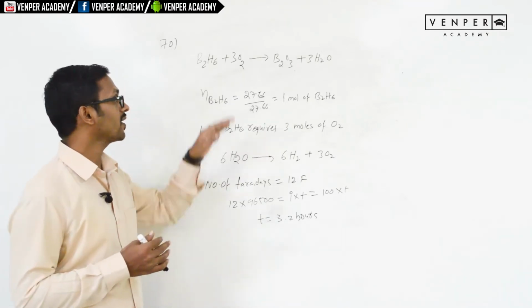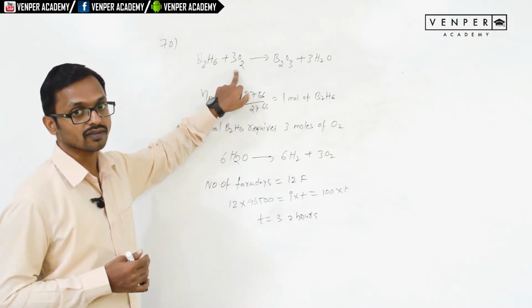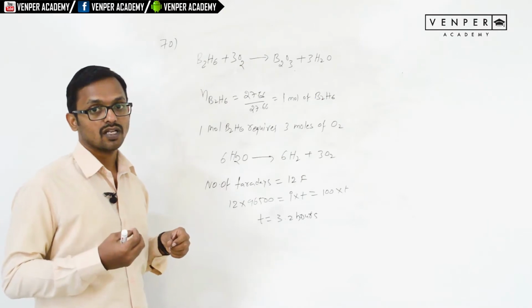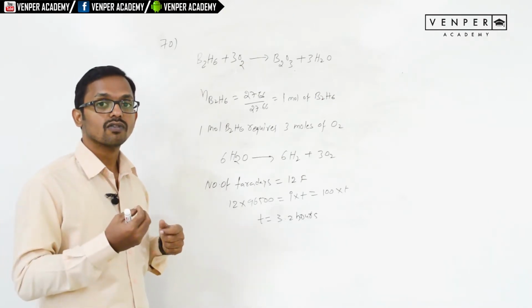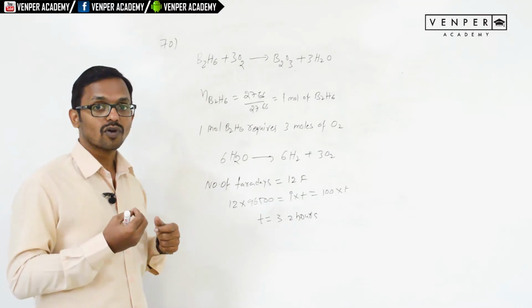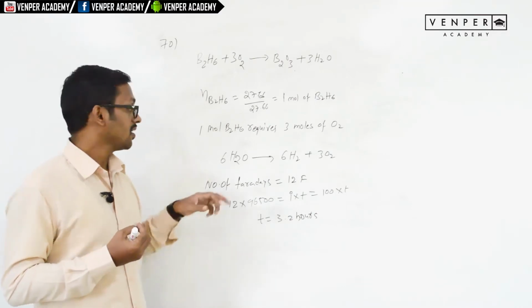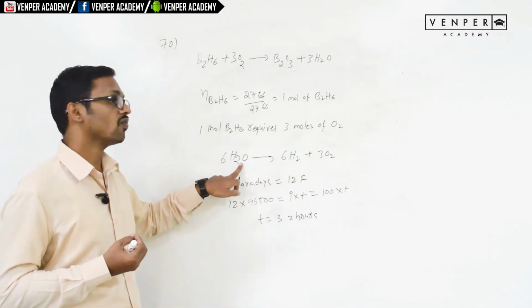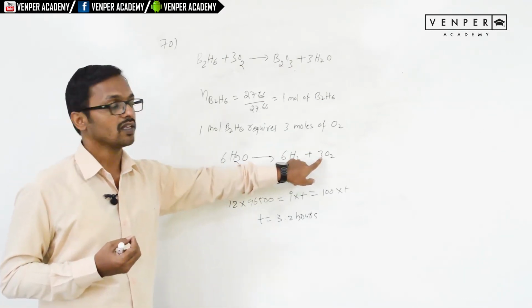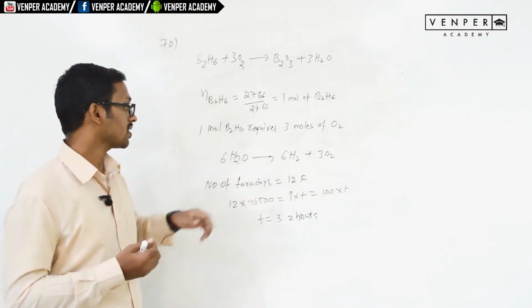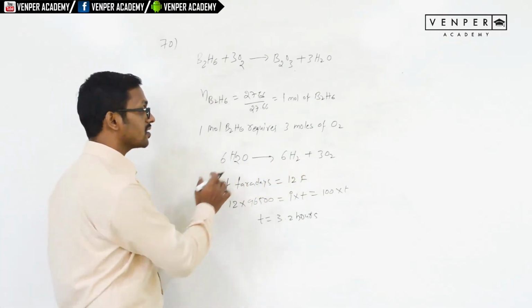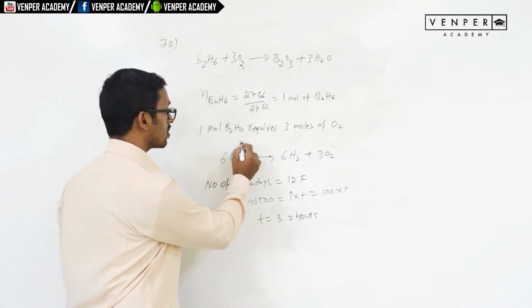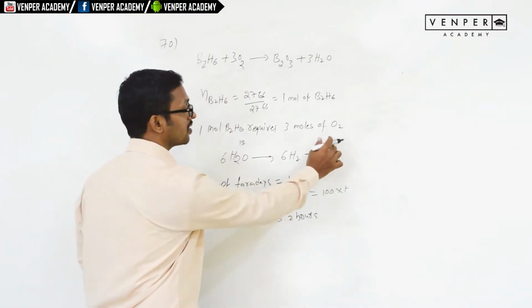1 mole of B2H6 requires 3 moles of oxygen, and this oxygen is produced by the electrolysis of water. If you want 3 moles of oxygen, how many moles of water are required for electrolysis? 6 moles of water is required. According to this equation, 6 moles of water gives 3 moles of oxygen. Here in 6 moles of water, each oxygen has charge -2, so 6 into -2 means 12 negative charge, and here 0.